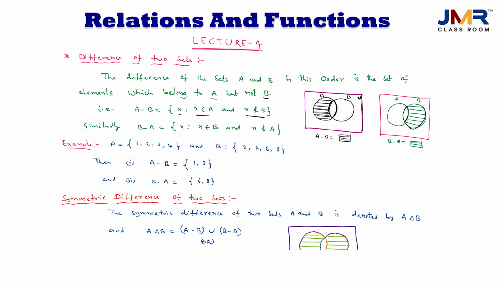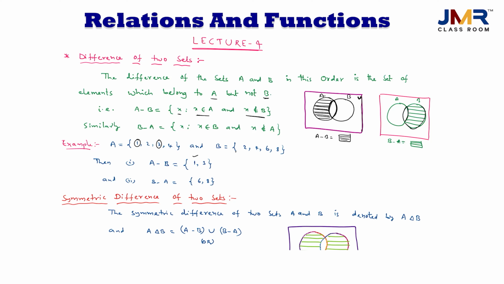Then A minus B means you have to collect the elements of A which are not present in the set B. See, this is the element 1 which is present in A, not in B. So you have to include 1 in A minus B. 2 is there in B also, no need to take. Again, 3 is present in set A, not in set B. 4 is again also there in set B. So A minus B equals the set {1, 3}.